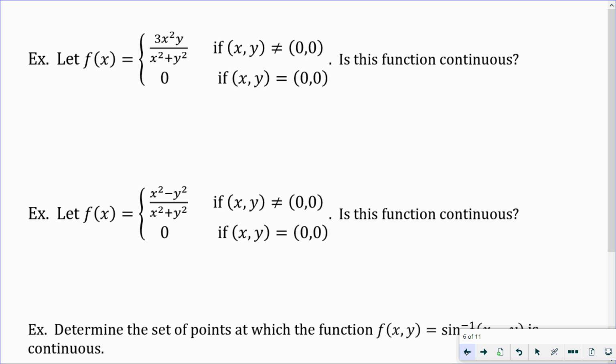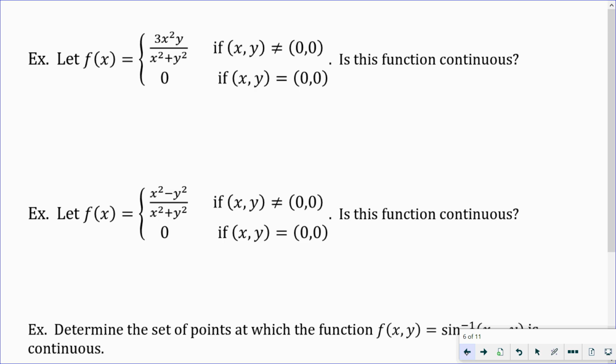All right. So remember, to be continuous, your function has to exist. Your limit has to match the function value at that place. So if I try to plug in, there's obviously a hole here at 0, because if you try to plug in zeros for the x and y, I can't do it, right?